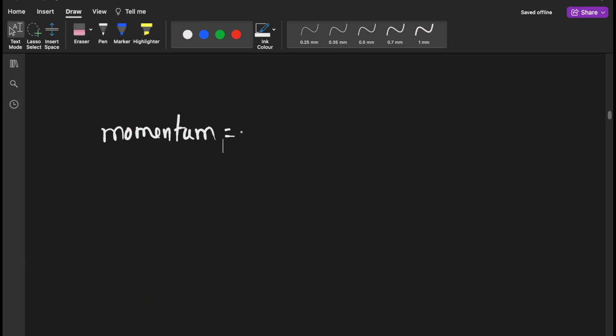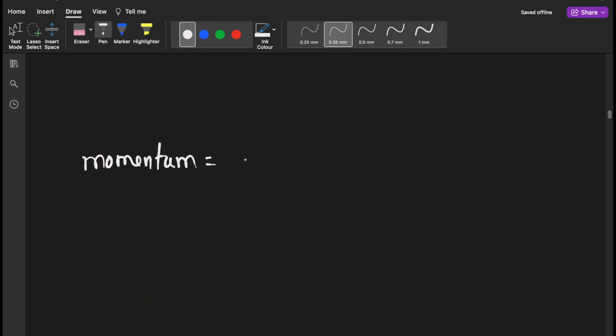So just tell me the formula, and from that we can explain it. P is equal to mv. Momentum is defined as the product of the mass and the velocity. Got it? So now tell me, is velocity a scalar quantity or a vector quantity?